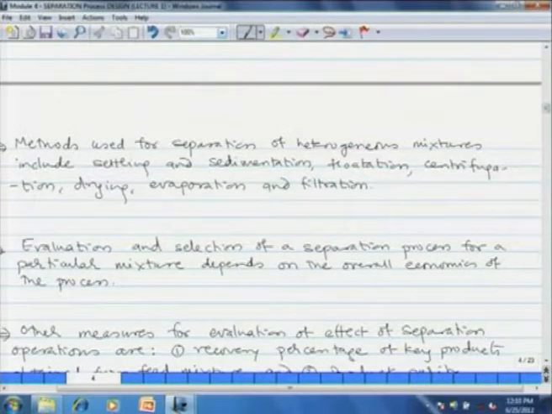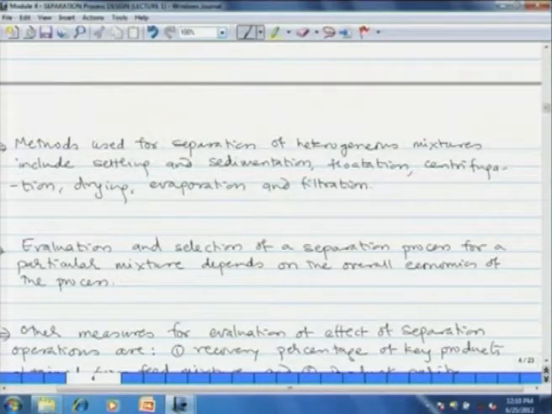However, we need a certain particle size or density difference between solid and fluid to achieve effective settling and sedimentation. Then there is the process of flotation, where you generate a froth, like generate bubbles in the solution of the solid mixture and solvent, and certain particles from the solid mixture attach to the bubble surface, that we are going to see in greater detail later in this lecture.